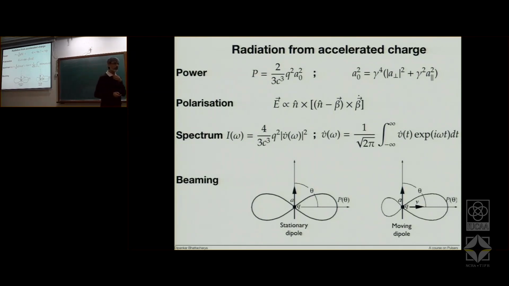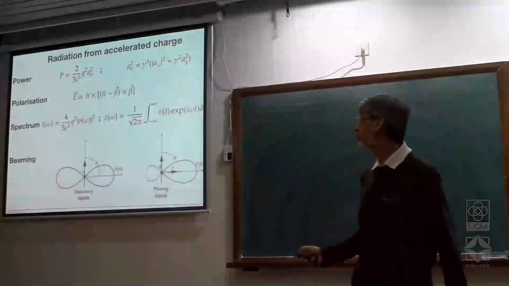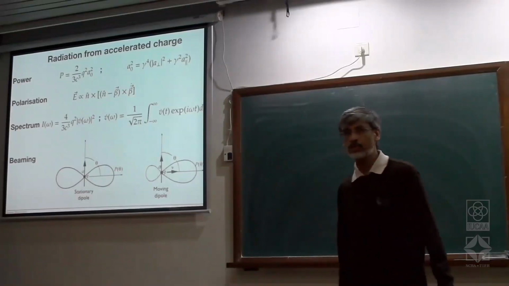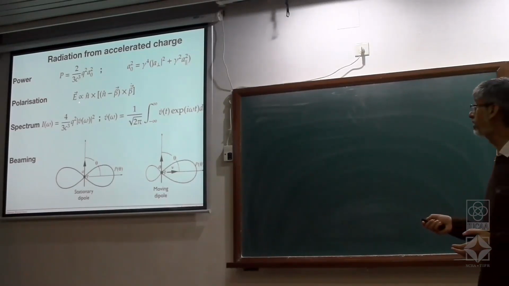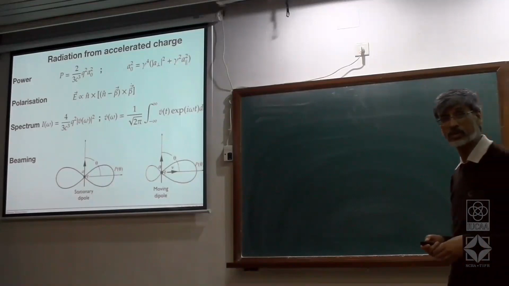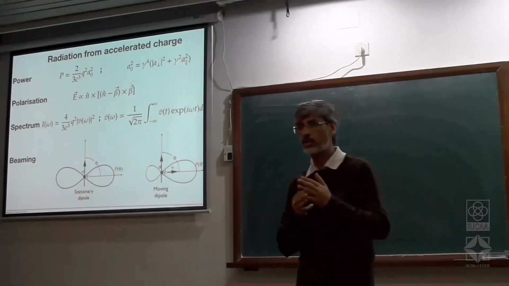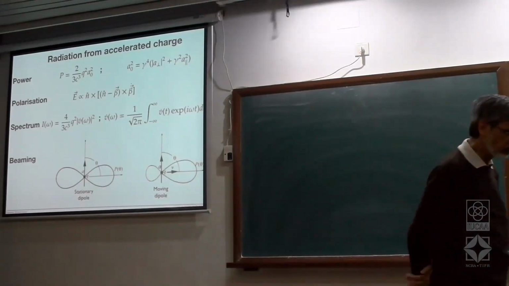So therefore, even though this entire volume may be small and the n is by and large the same for all positions of these charges, because of the difference in beta and beta dot, you will have, even at a given instant, averaging over a large number of charged particles. So that will also bring down the degree of polarization. You will get an electric vector which is a combination of all of these things.